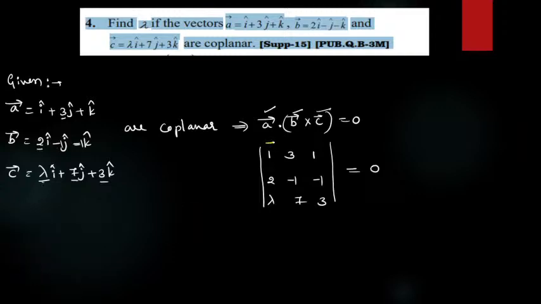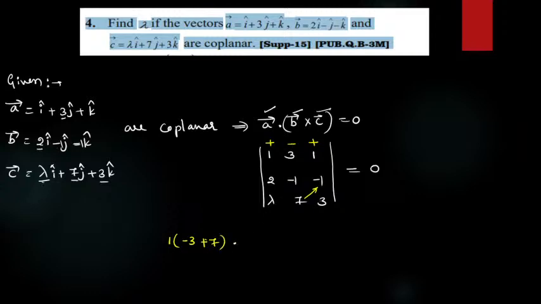See, be careful while doing the problem. So plus, minus, plus here; resolve this. First, plus 1 into bracket: leave the first column and first row, multiply this, minus 1 into 3 is minus 3, minus sign, 7 into minus 1 is minus 7, minus of this minus will be plus 7.